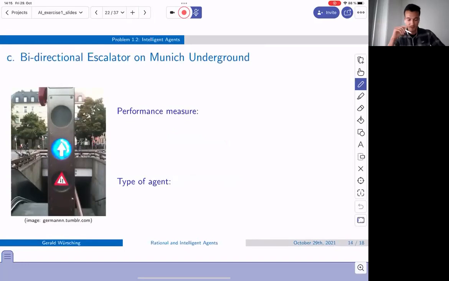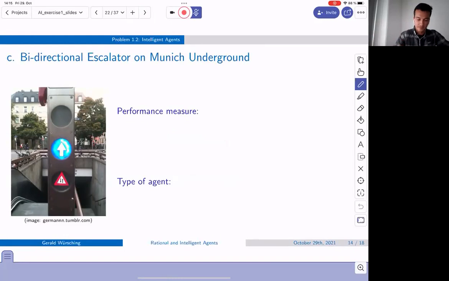Okay, good. Then the last example, I think we would just do quickly without tweetback. It's this bidirectional escalator in the Munich underground. I guess you've all used them. These are the escalators where you have to wait at the top if people are coming from the bottom. Sometimes it's a bit annoying if there are a lot of people.